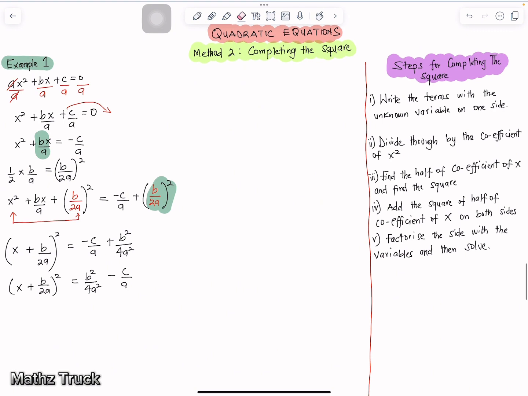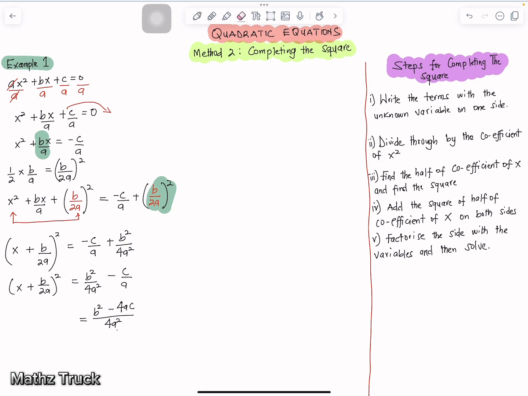Now we can find the LCM. The LCM is going to be 4a squared. Now 4a squared goes into 4a squared 1. 1 times b squared is b squared, minus a goes into 4a squared 4a times c, which is going to be 4ac.